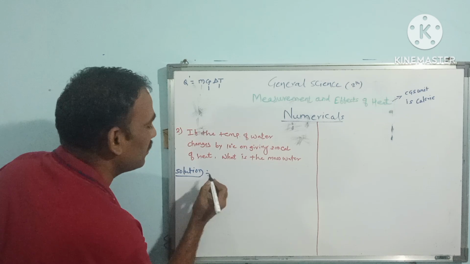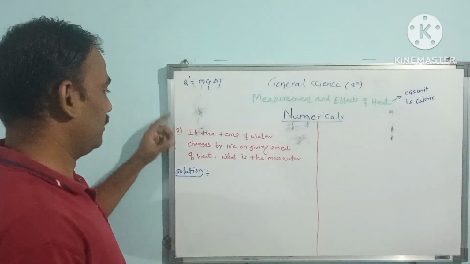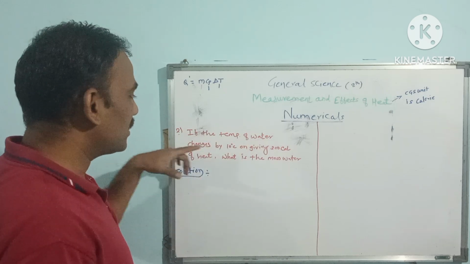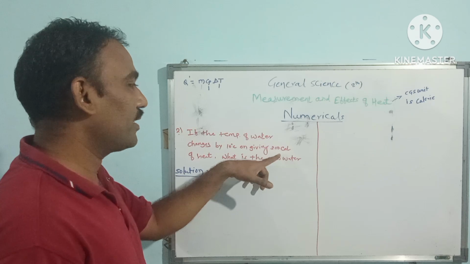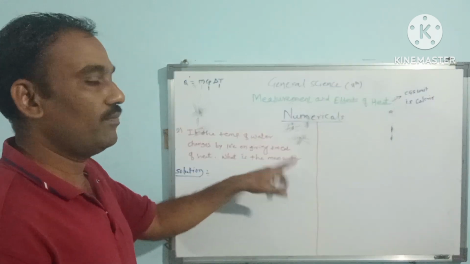The very first step is to read the problem carefully. If the temperature of water changes by 10 degrees Celsius on giving 300 calorie of heat, what is the mass of water?